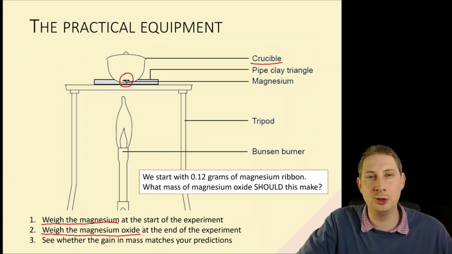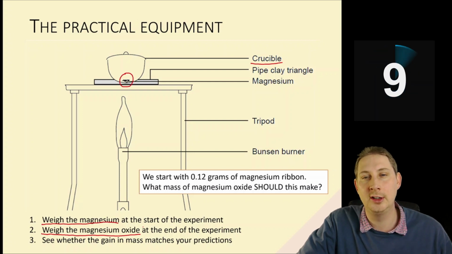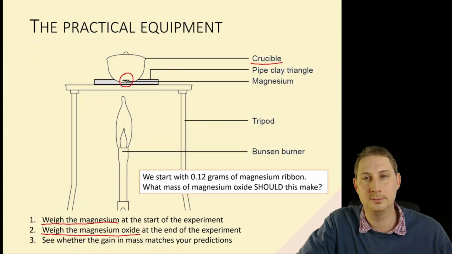We're going to start with 0.12 grams of magnesium ribbon. Using the calculations you've just done, what mass of magnesium oxide should 0.12 grams of magnesium make? Don't move on until you've sorted this and you've got an answer. Okay, let's watch the video.